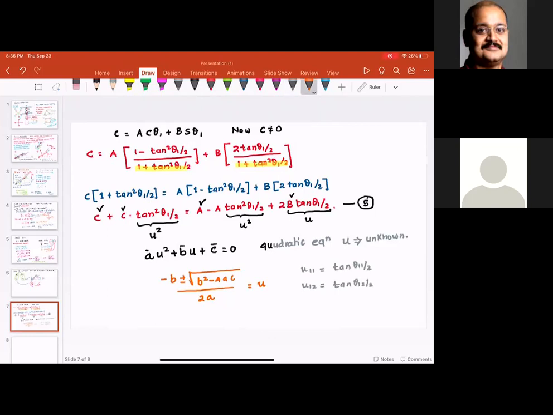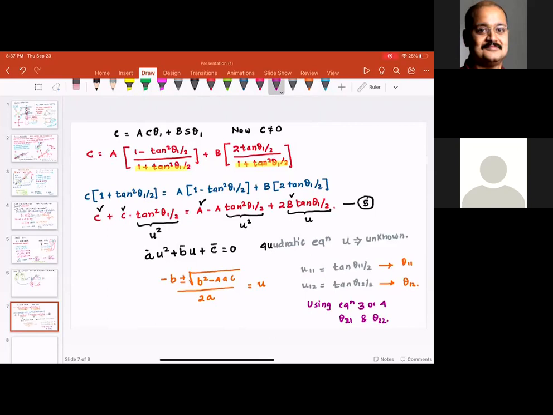From here, I can take the tan inverse, and that should give me the values of theta 1,1 and theta 1,2. Once I find theta 1,1 and theta 1,2, just like the previous case, using equation 3 or 4, I can find theta 2,1 and theta 2,2.